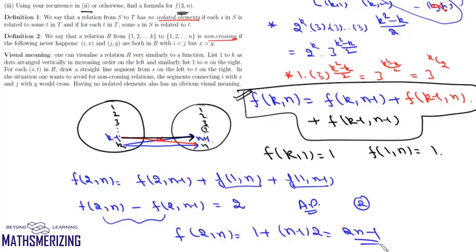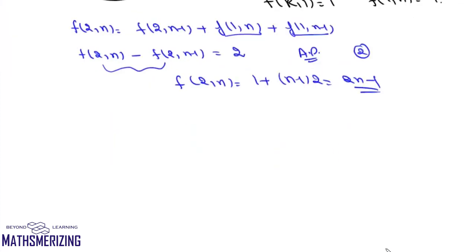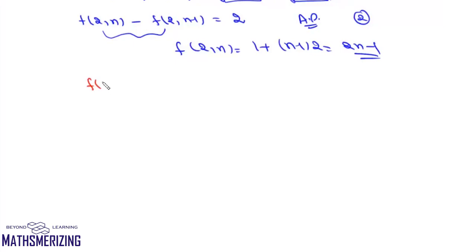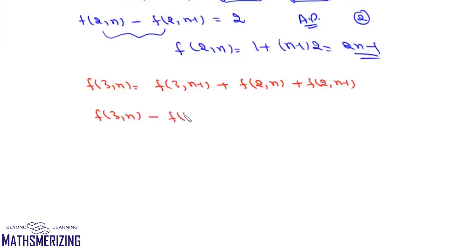Now using f2n, we'll find the value of f3n. Now we'll put k as 3. We can write f3n as f3n minus 1 plus f2n plus f2n minus 1. Now we can write this as f3n minus f3n minus 1. Now what is f2n? f2n is 2n minus 1, and f2n minus 1 is 2n minus 3, which sums to 4n minus 4.